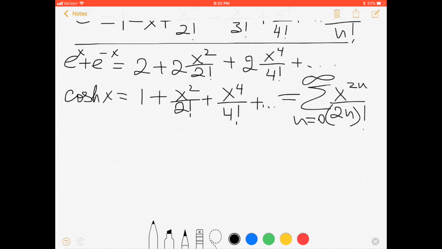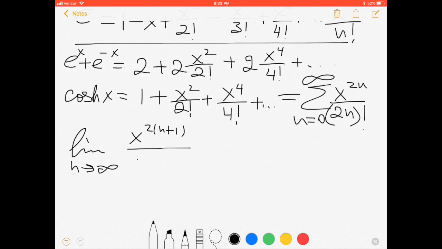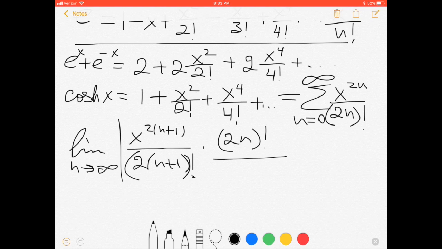Okay? Now about the interval of convergence. We use our ratio test and we have the limit as n approaches infinity of x to the power 2n plus 2 over (2n plus 2) factorial, it's the n plus 1 term, divided by the n term, which means times 2n factorial over x to the power 2n.